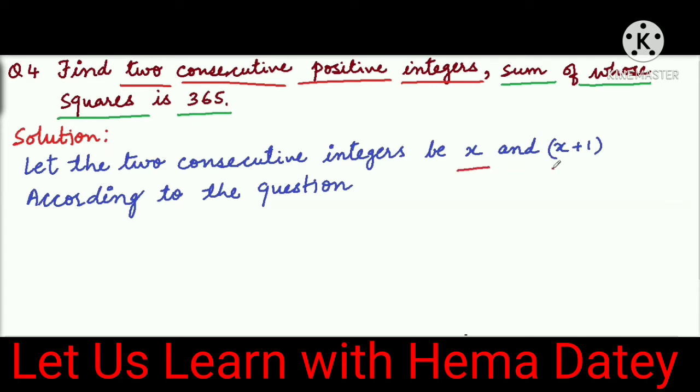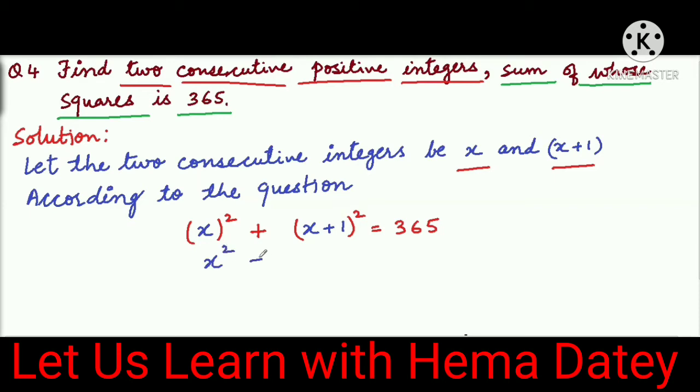It means the sum of the square of x and the square of x plus 1. Square of x plus square of x plus 1 is equal to 365.